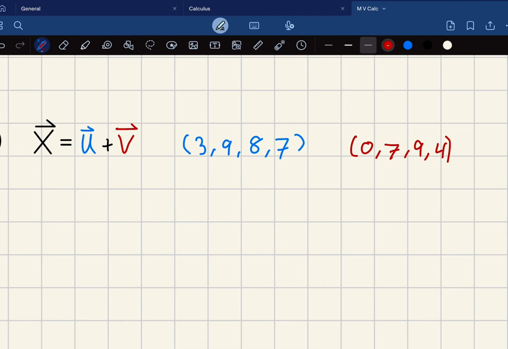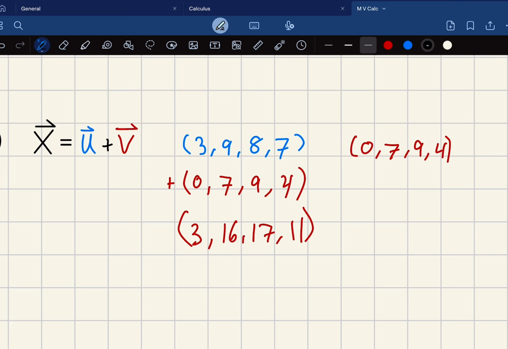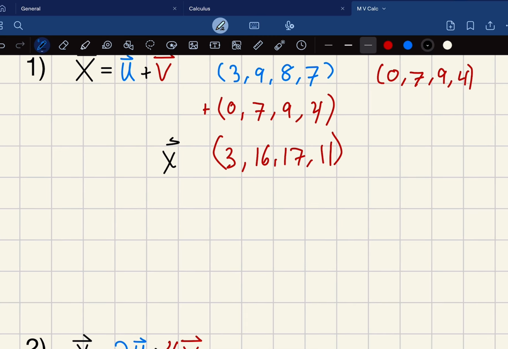And now we will just be adding our 0 to this part, our 7 to this part, our 9 to this part, and our 4 to this part. And we get 3, 16, 17, 11. And that is our answer for our vector x. It is as simple as that. You just add these parts because they share the same units and dimensions.